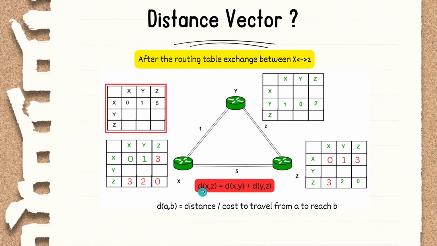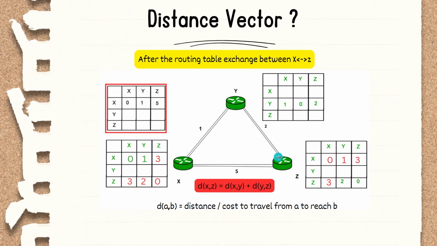Okay, now how the cost is being calculated is like this. The cost required to travel from X to Z is equal to the cost required to travel from X to Y plus the cost required to travel from Y to Z. So this is the formula that is being used, and that's how after the routing table exchange, X comes to know that if I want to go to Z, this is the shortest path, because it takes only cost 3, but this path is taking cost 5.